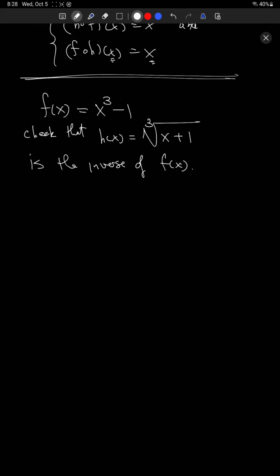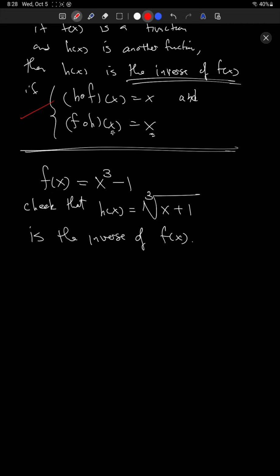How do we check? We check exactly these two conditions here, and we check if they're true. The first one says I need to check h after f of x, and see, is this equal to x? If the answer is yes, then I'm okay and I can go to the next step. If the answer is no, then I don't even have to bother with checking the second one, because both of these have to work.